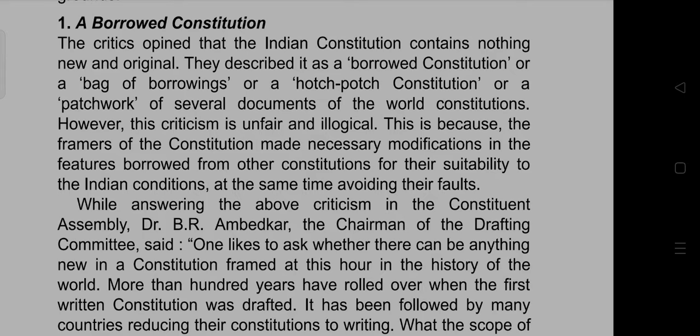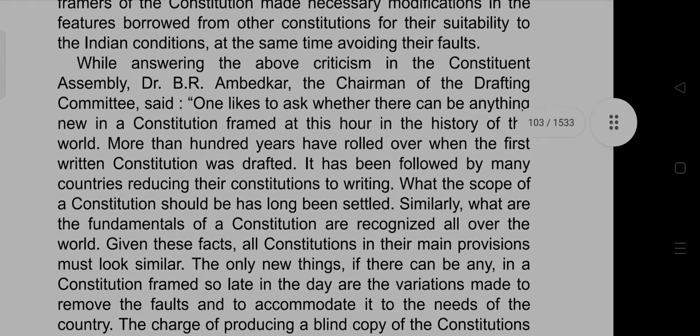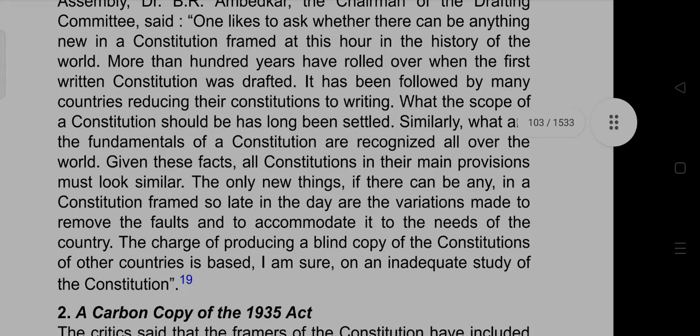More than 100 years have rolled over since the first written constitution was drafted. It has been followed by many countries, reducing their constitutions to writing. What the scope of a constitution should be has long been settled. Similarly, what the fundamentals of a constitution are is recognized all over the world. Given this fact, all constitutions in their main provisions must look similar.